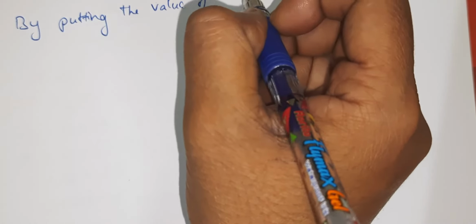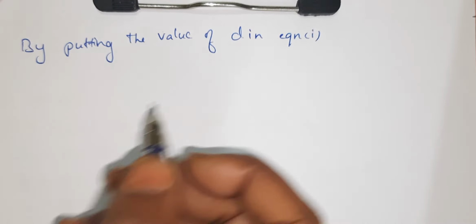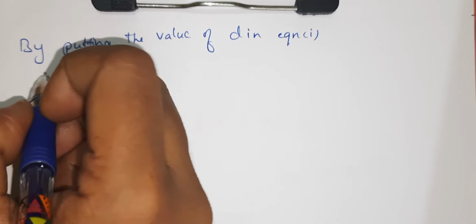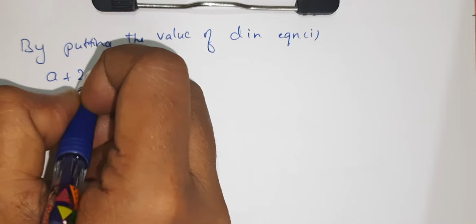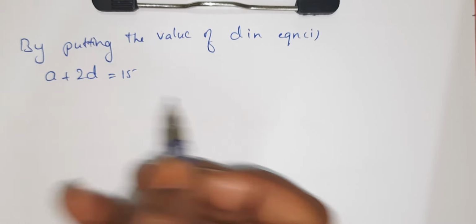By putting the value of d in equation 1, we are going to find the value of a. a plus 2d equals 15. This was our first equation.